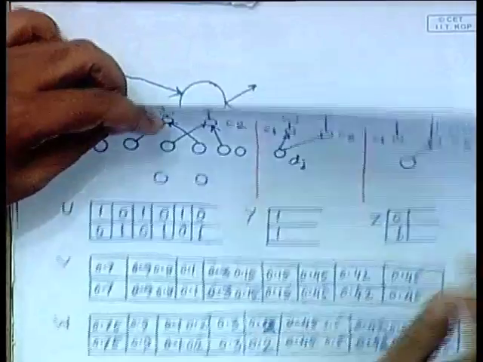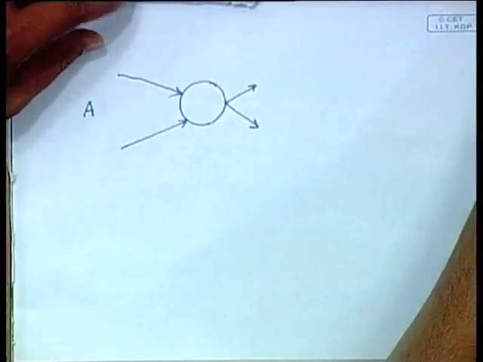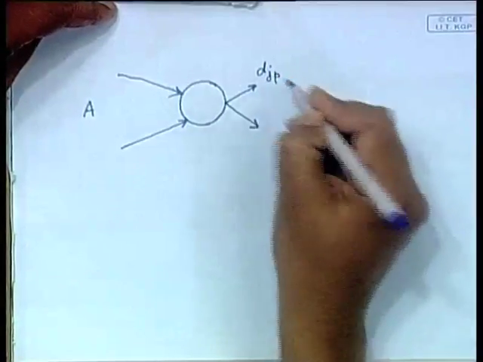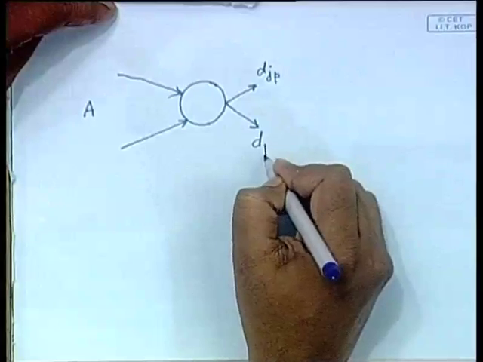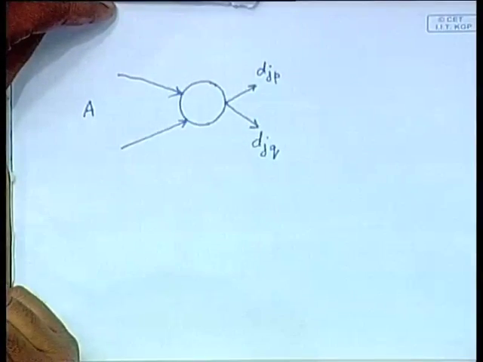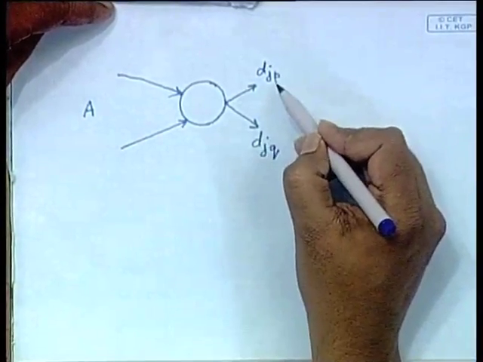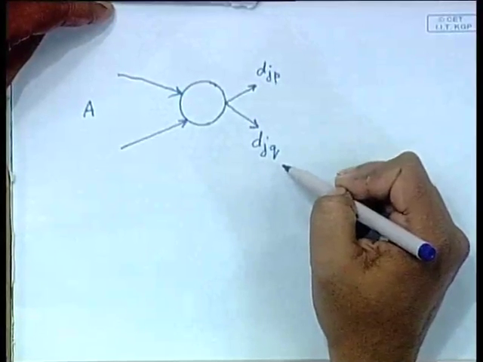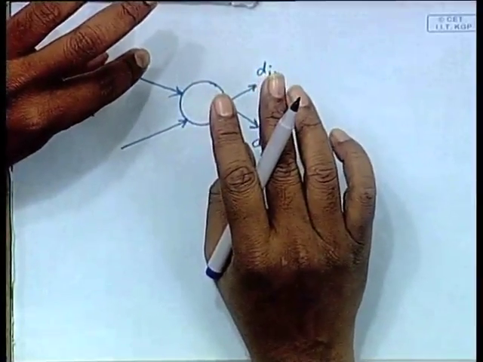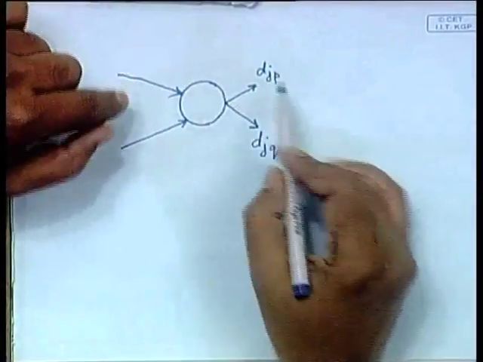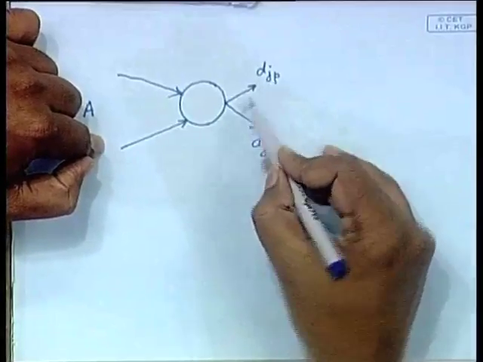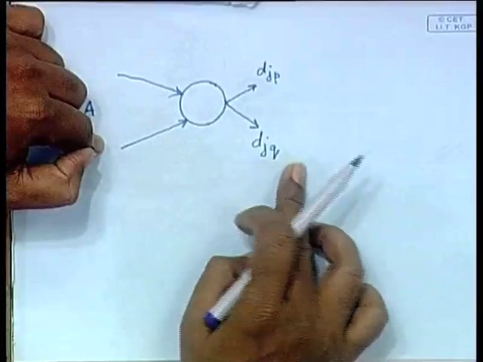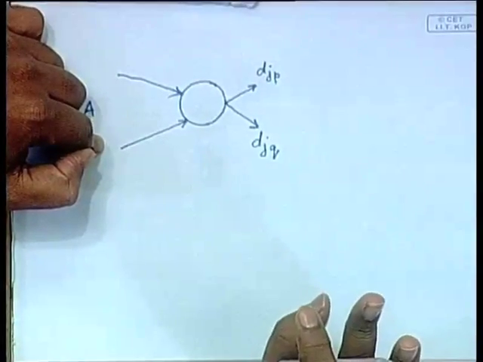So, this will give me two outputs, one corresponding to say djp and one corresponding to djq, indicating that the hyperboxes labeled as P and hyperboxes labeled as Q have overlapped. Okay. And accordingly, this output will be connected to the pth output layer neuron, and this output will be connected to the input of the qth output layer neuron.